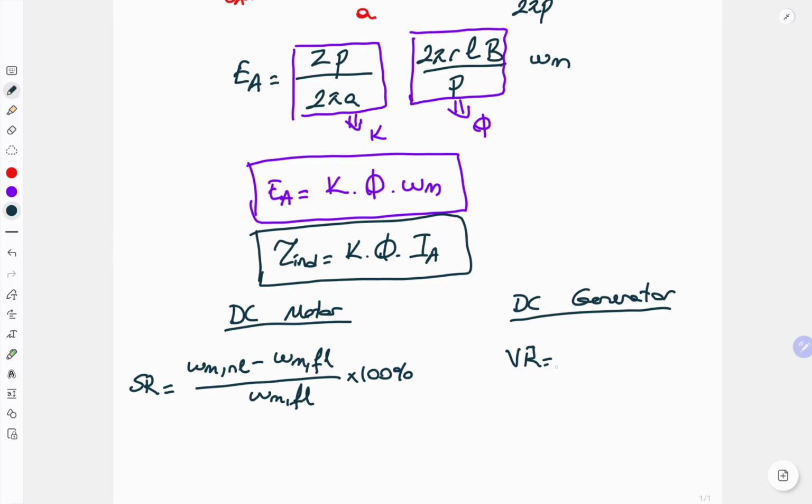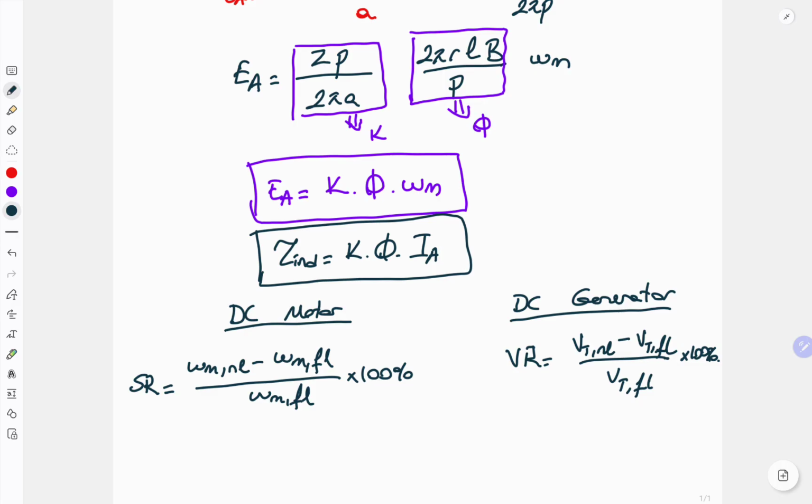We will start with the no load value, then we will subtract the full load output value of the system to understand the regulation. So the terminal no load voltage minus terminal full load voltage divided by terminal full load value, as a percentage, can be calculated.